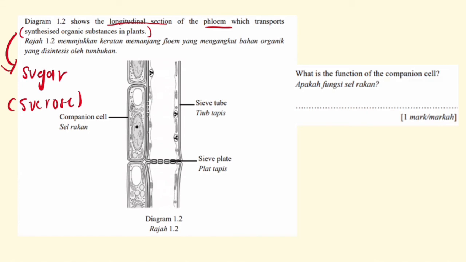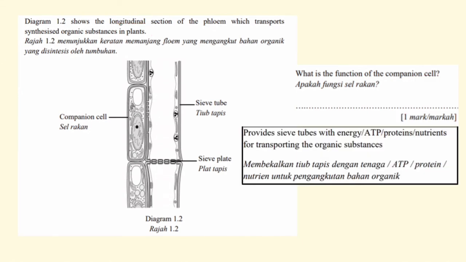What is the function of the companion cell? Since this question is only 1 mark, we have to go straight to the point. The function of the companion cell is to provide the sieve tube with energy, ATP, proteins or nutrients for transporting organic substances.